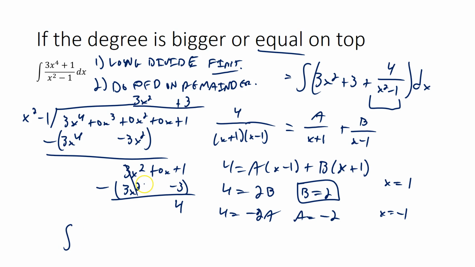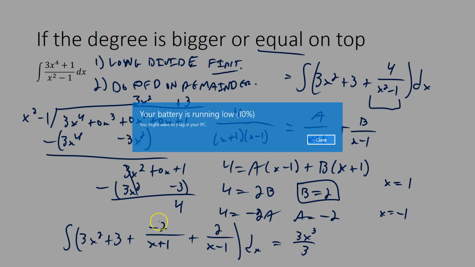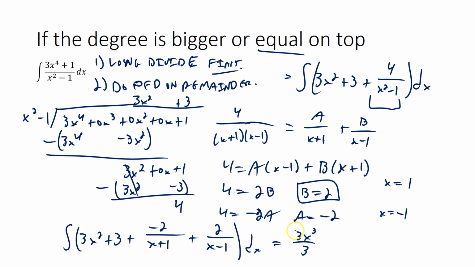We have the integral of 3x squared plus 3 plus negative 2 over x plus 1. This is the partial fraction decomposition of the 4 over x squared minus 1. Plus B is 2 over x minus 1 dx. Nice linear things. There's no coefficients. So let's do the antiderivative here. This is going to be 3x cubed over 3. Hey, the 3's cancel, that's nice.